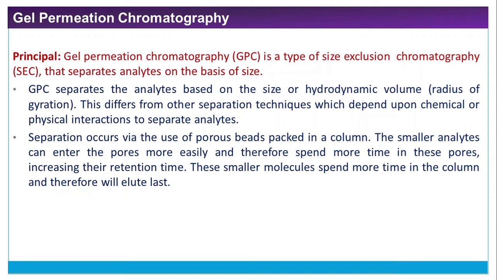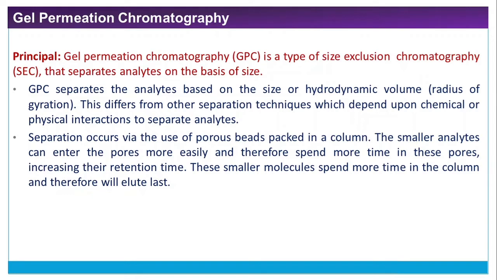The smaller analytes can enter into the pores of this gel more easily and they spend more time in those pores. So the solvent required for removing these small analytes takes more time, so they come later from the column, while the analytes which have a bigger size can't enter into the pores of the gel, so they come directly with the eluent solvent.